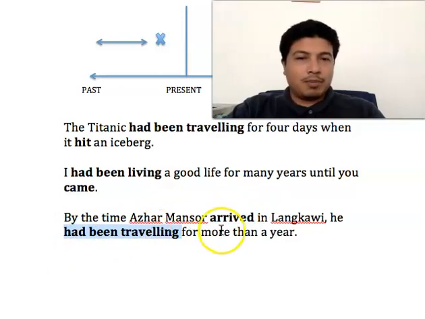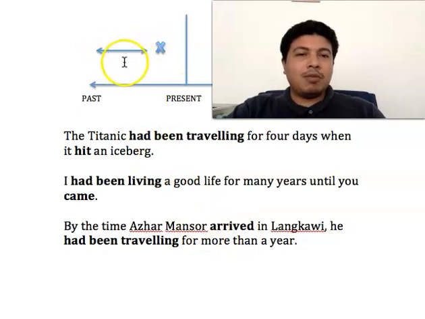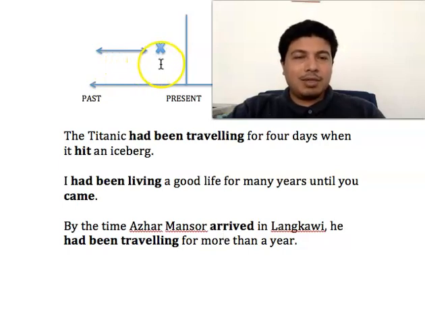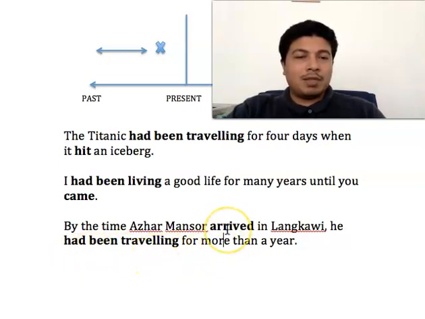So which one happened first? He had been traveling first, and then he arrived. So he had been traveling for more than a year. That means it was a process of traveling and then arrived. Because this one happened first and it was progressive, it was continuously happening in the past, had been traveling and then arrived in Langkawi.